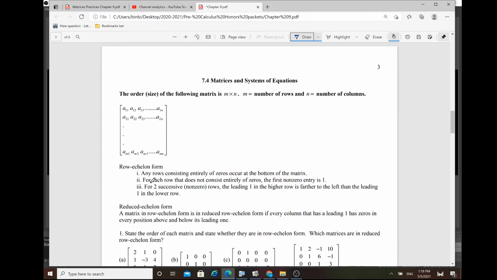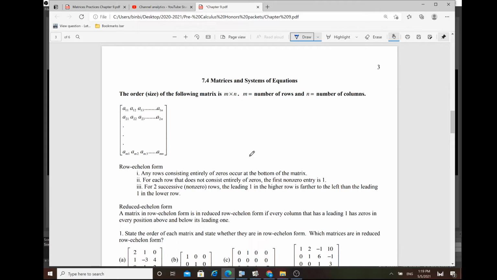Condition number 2: for each row that does not consist entirely of zeros, the first nonzero entry is 1. This is a special feature of the row echelon form. And condition number 3: for two successive nonzero rows, the leading 1 in the higher row is farther to the left than the leading 1 in the lower row.